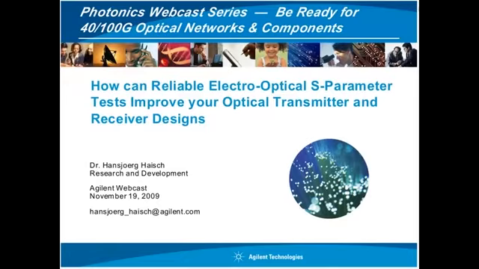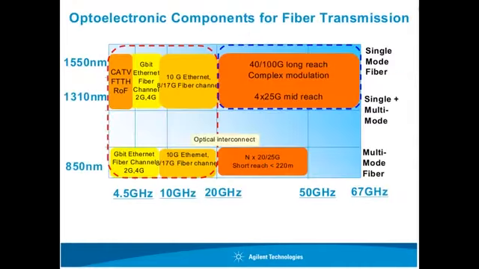I'm very happy to present this very interesting topic on opto-electronic S-parameter measurements on optical transmitters and receivers. Hopefully with this webcast, we can give you an insight on how to do these measurements on fiber optic components for high-speed and medium-speed fiber transmissions.